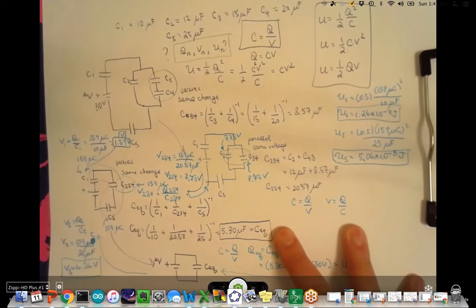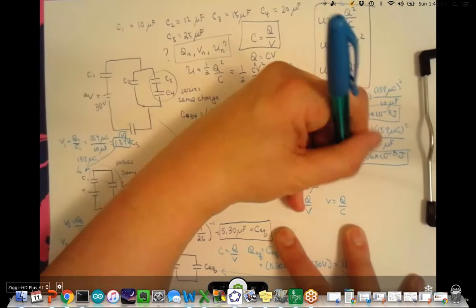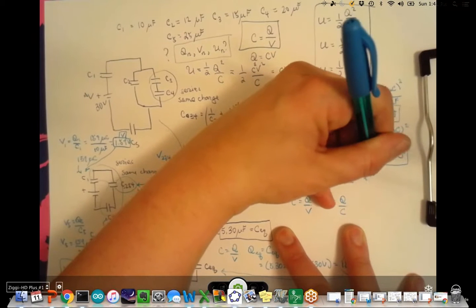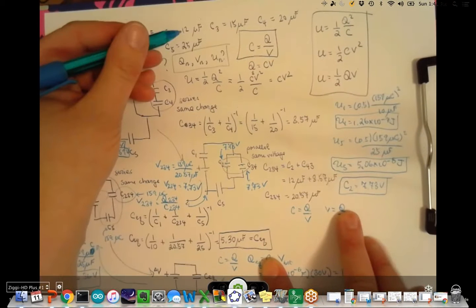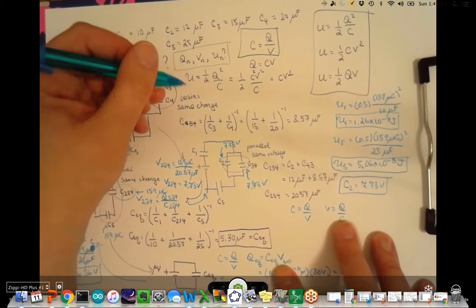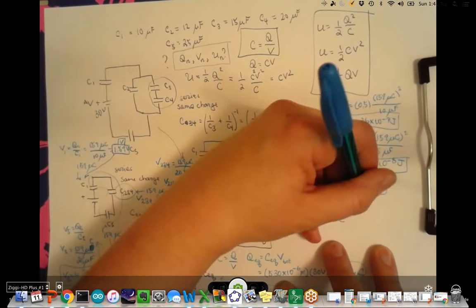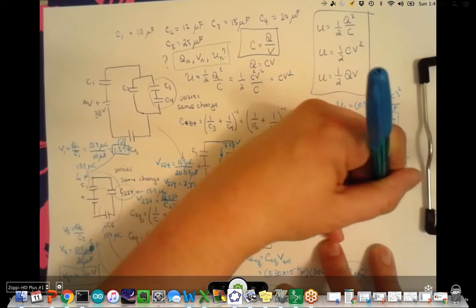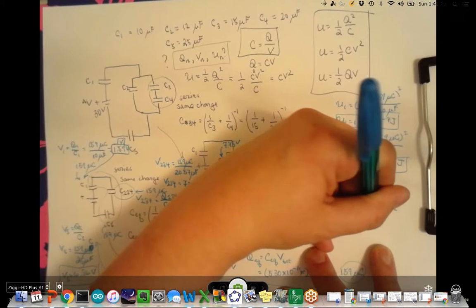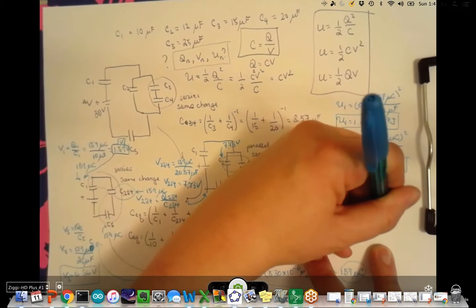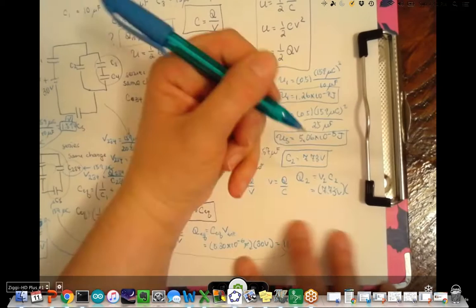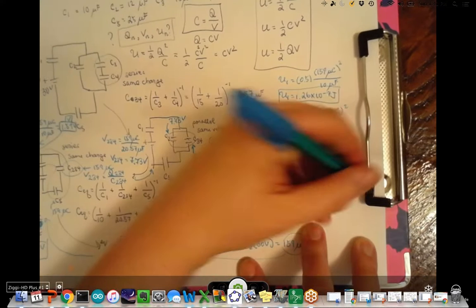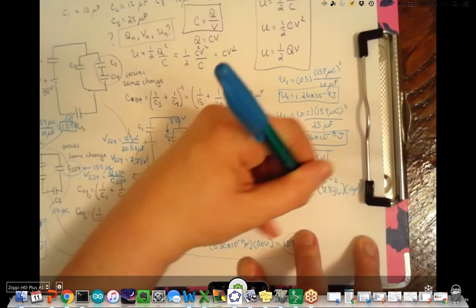C2 is 7.73 volts, and we know C2 is 12 microfarads, so that will tell us the charge on C2. The charge on C2 is V2 times C2, which is equal to 7.73 volts times the capacitance of 12 microfarads.